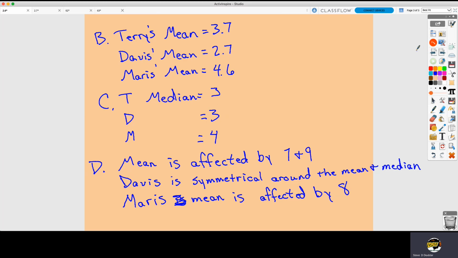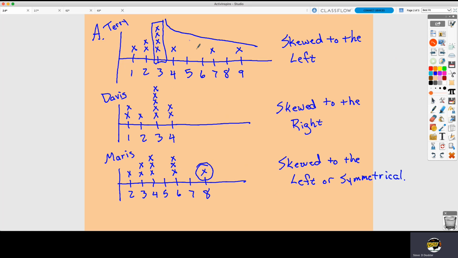All right, now with those outliers, if you looked at both our top graph here and our bottom graph, if we were just able to take out this 7 and this 9, these would all be pretty symmetrical. It'd still lean a little bit one way, okay? But it wouldn't lean very much. If we came down here and took out just the 8 here, those are all kind of in the same spot.